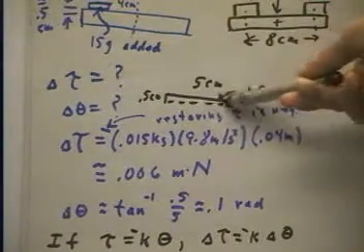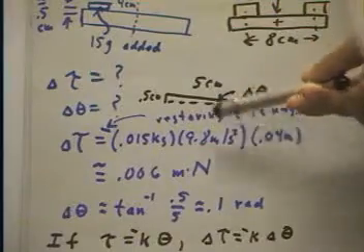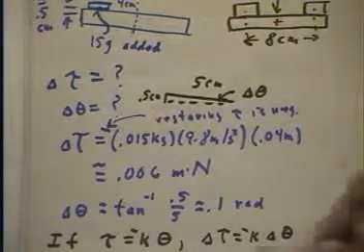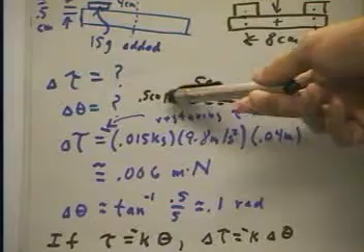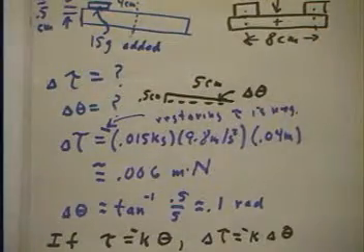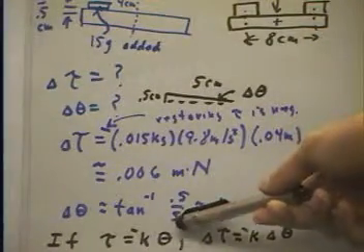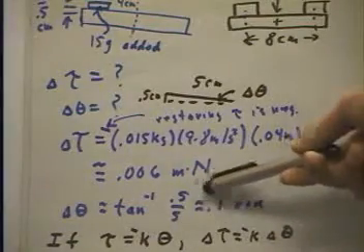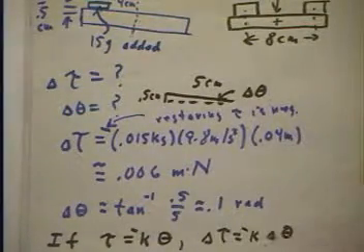So our delta theta is going to be this little angle in here, this little sliver of an angle, which is going to be the inverse tangent of the opposite side over the adjacent, or of 0.5 centimeters over 5 centimeters, and we divide that out, we get about 0.1 radian.